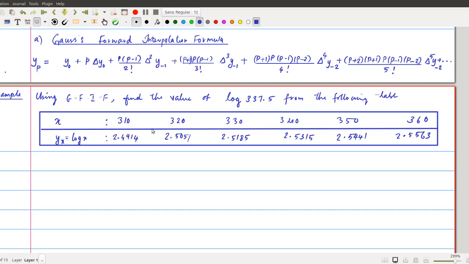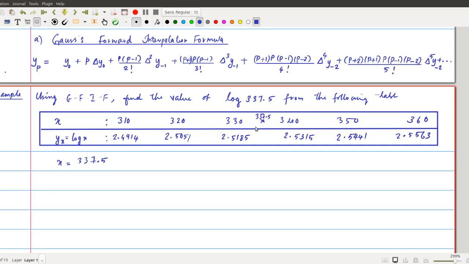Then the y values are these. We need to find the value of y at x equal to 337.5, which comes in between 330 and 340, somewhere here. So how do we evaluate the y value at this point?